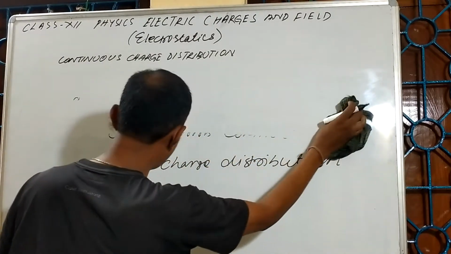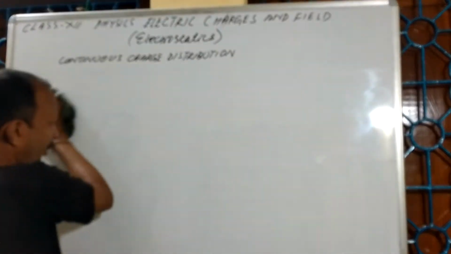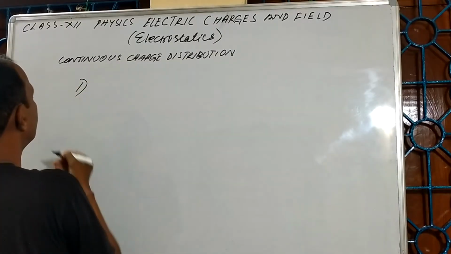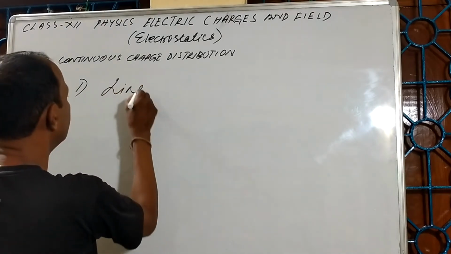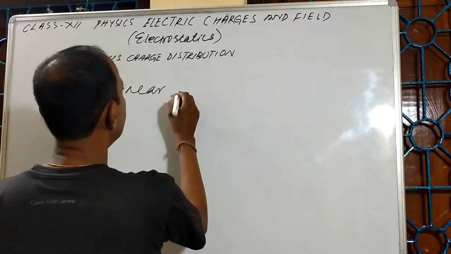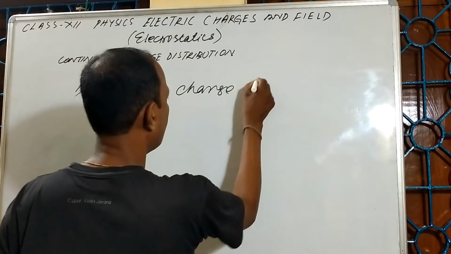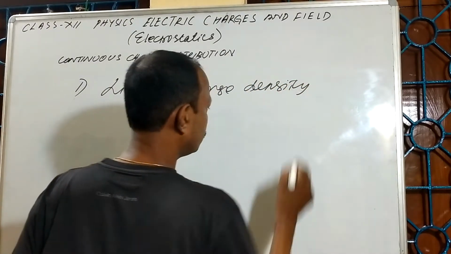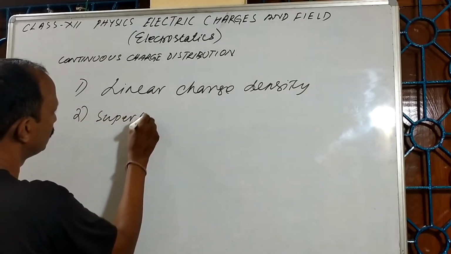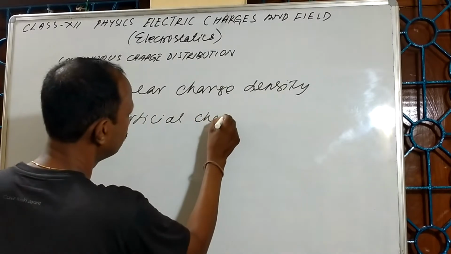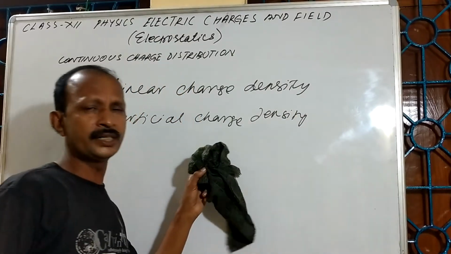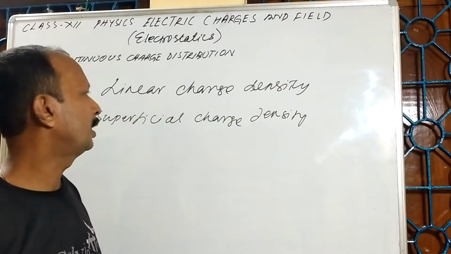So there are three different ways of charge distribution. One is the linear charge density. Second one is the superficial charge density, which is related with the area.